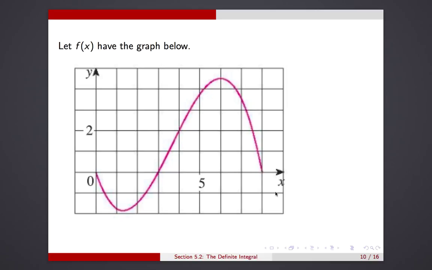So suppose I just gave you this graph and said, hey, give me x values a and b so that the integral from a to b of f is as big as possible. If you've really internalized this area concept, you would have been able to tell me 3 and 8. That's how you get the most positive area without paying any negative area cost.